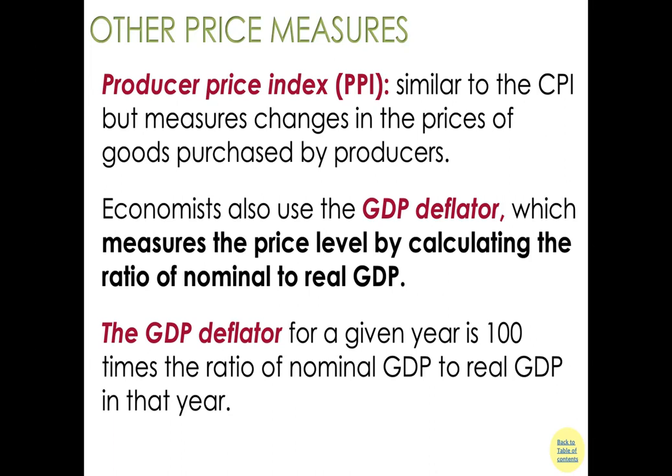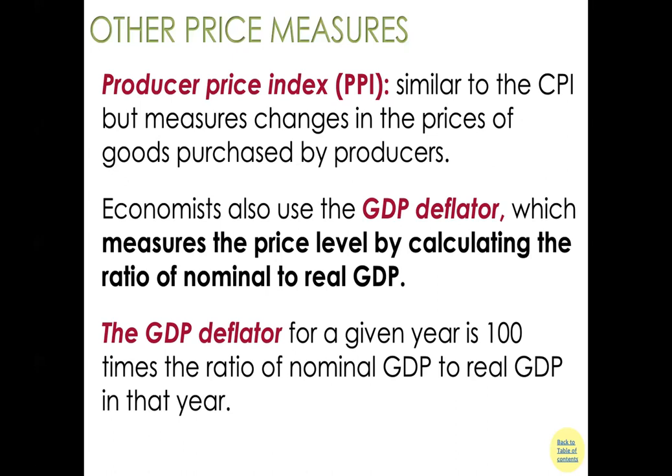And finally, we can also look at the GDP deflator. But what is a GDP deflator? The simplest way to understand it is that we are going to define everything we produced as the market basket. Okay. So to summarize, there are three price indexes.